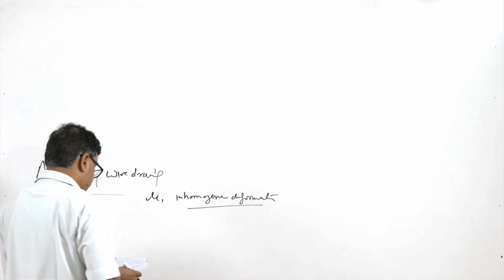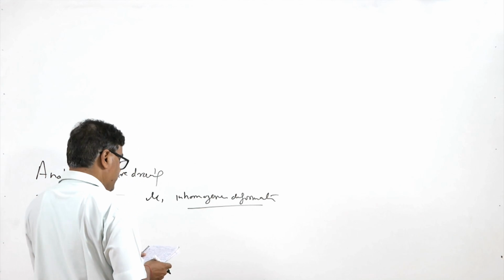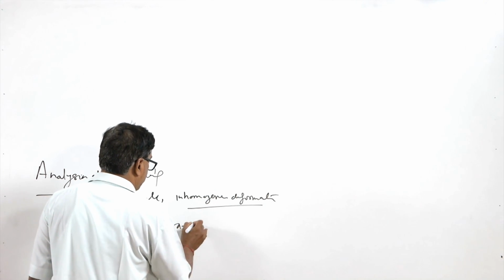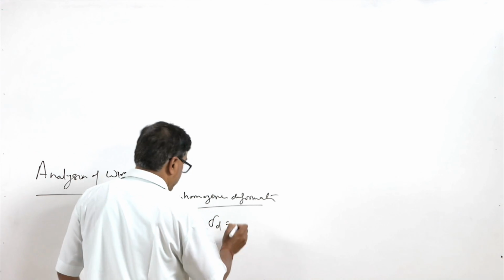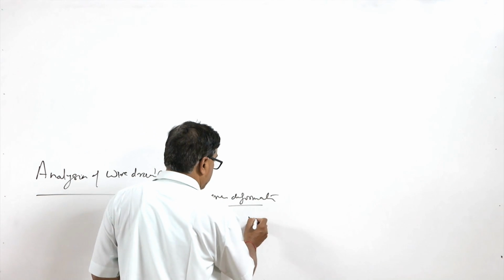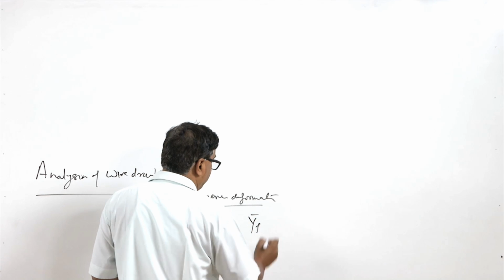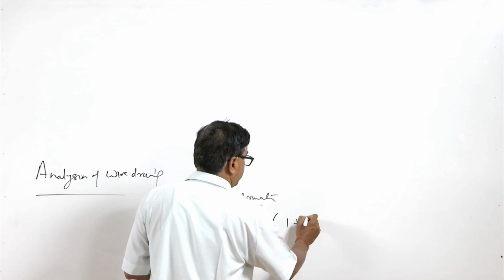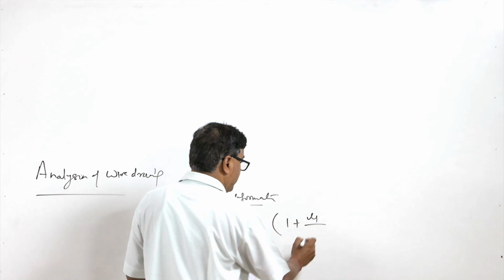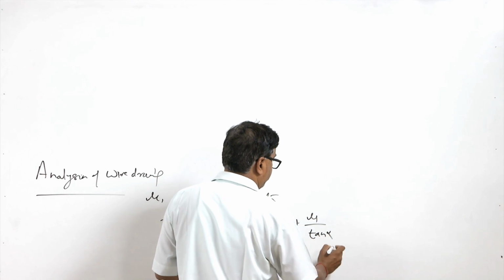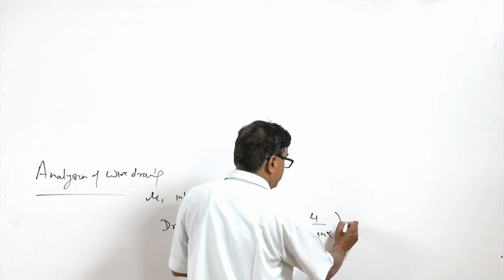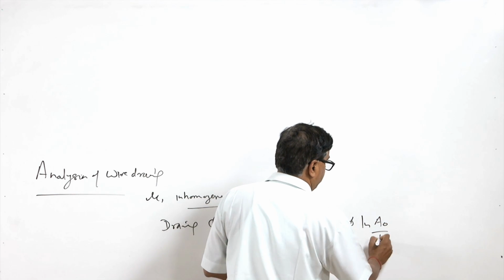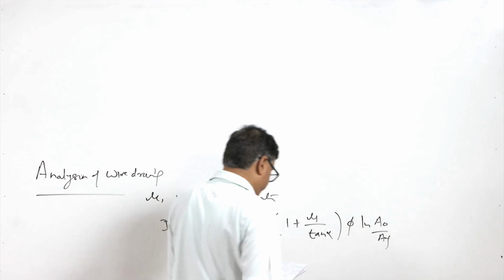In that case, we get the drawing stress sigma d, given by the equation: the average flow stress into 1 plus mu divided by tan alpha, into phi, into log of A naught divided by Af.